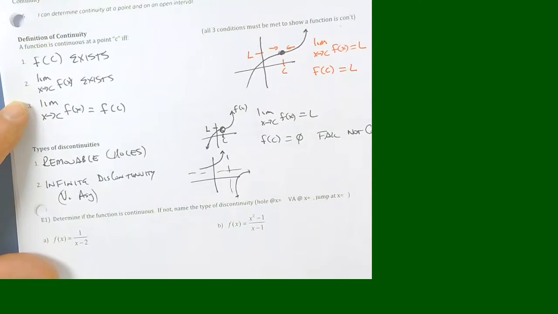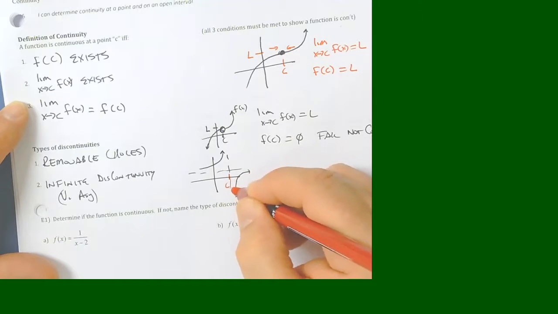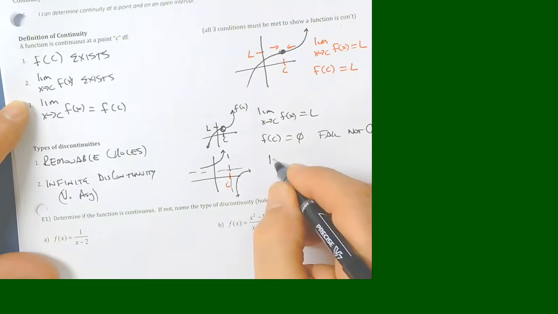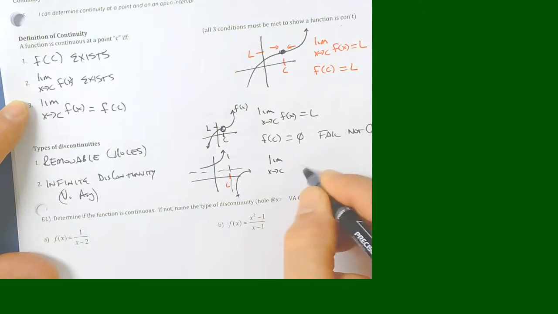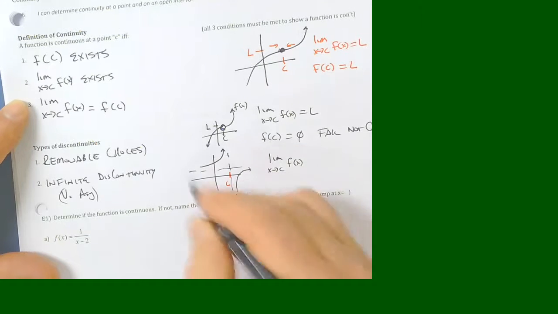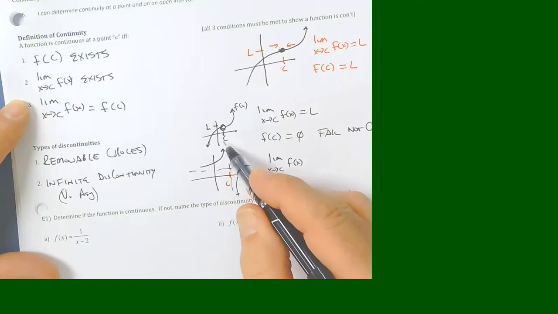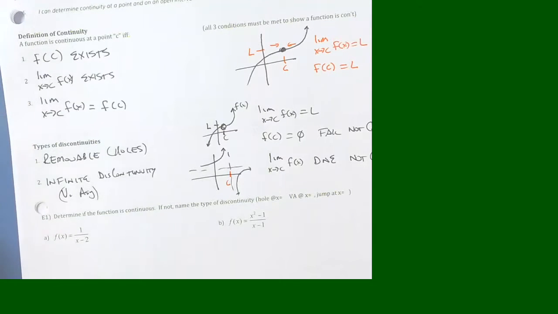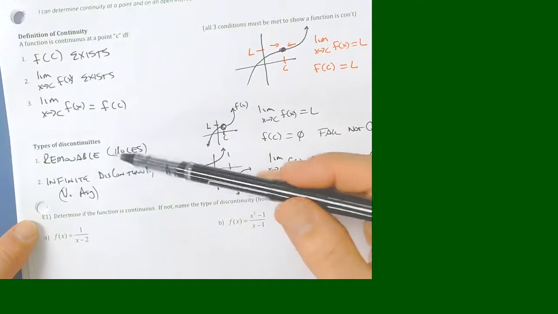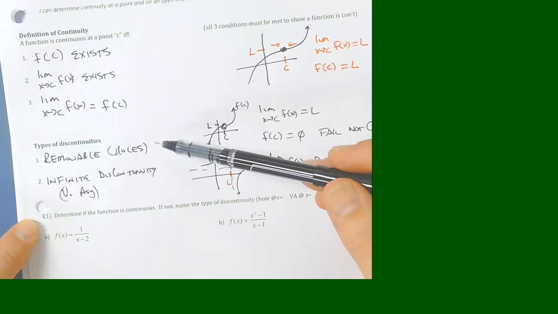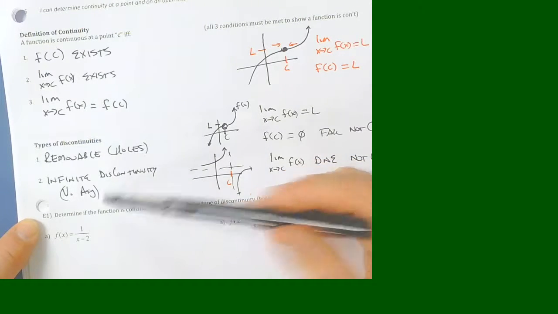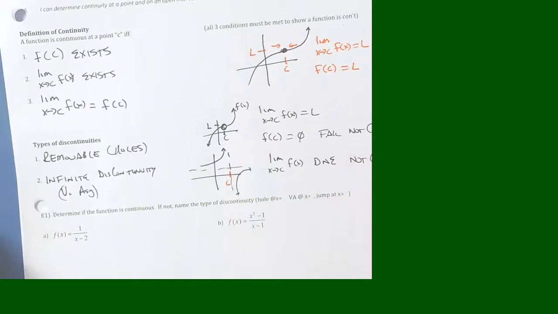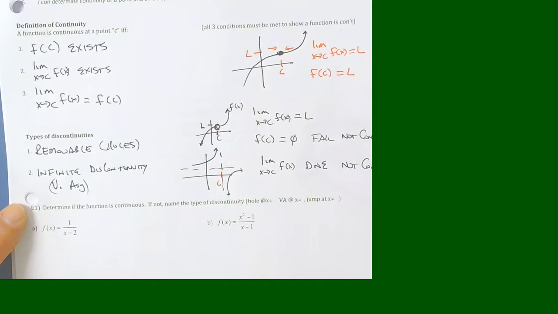If we look at the c value, the limit as x goes to c of the function doesn't exist, right? We're going to positive infinity, going to negative infinity. It doesn't exist. So, not continuous. All right? So the two that we most commonly see are the removable holes, and the infinite, which are the vertical asymptotes. All right? So, any questions on that?